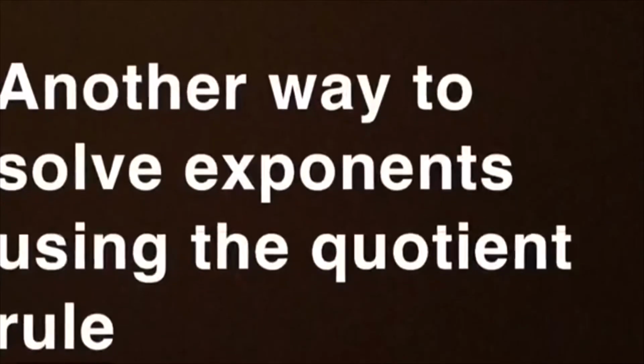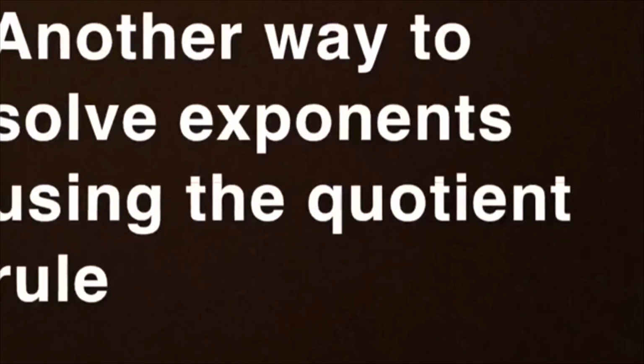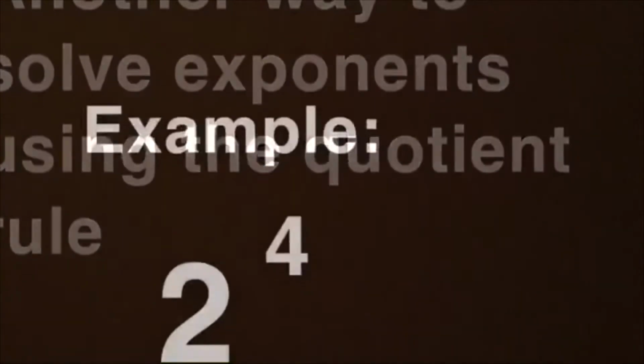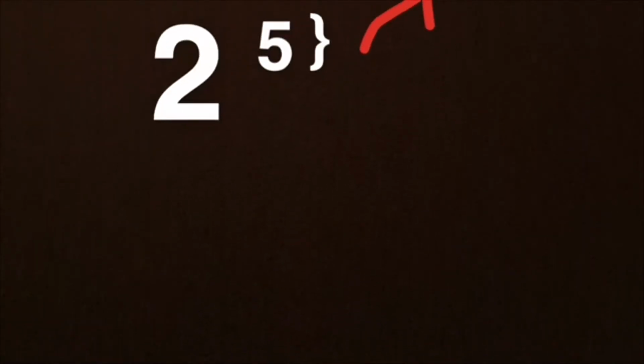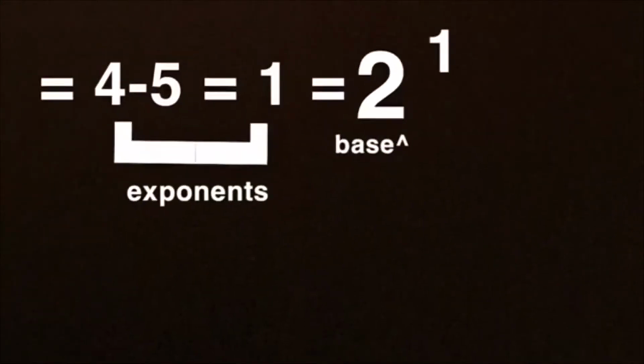Another easy way to solve exponents using the quotient rule is just subtracting the two exponents, and the base number stays the same. So for example, 2 to the power of 4 divided by 2 to the power of 5. You simply subtract the two exponents, so it would be 4 minus 5, which would equal negative 1.